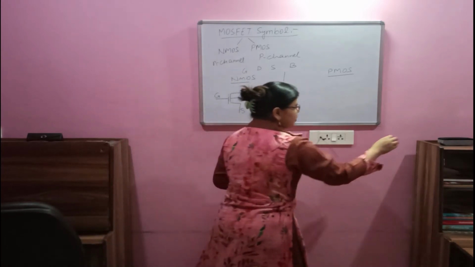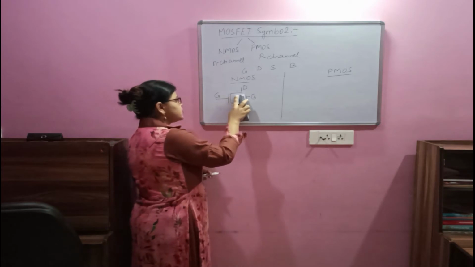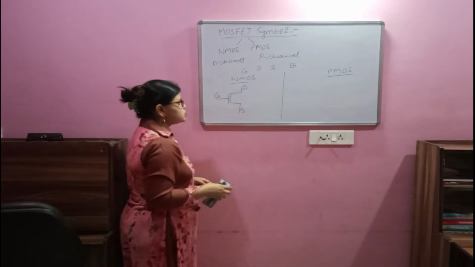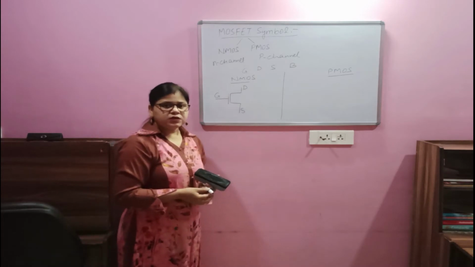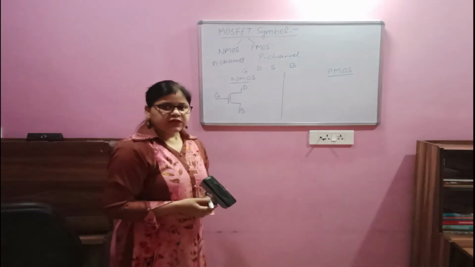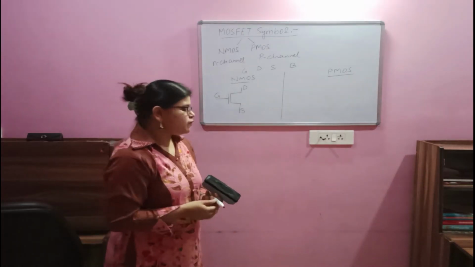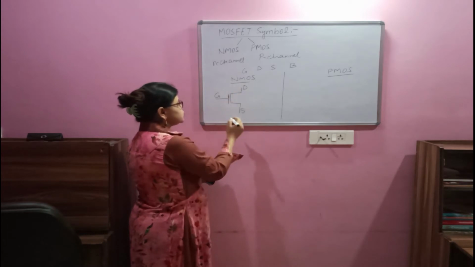There is another way also to draw its symbol. For ease, this symbol is also used, where we are not showing the bulk, or we can say that the bulk is supposed to be connected with the source, or the VSB effect is considered to be 0. So that's why we don't show it.